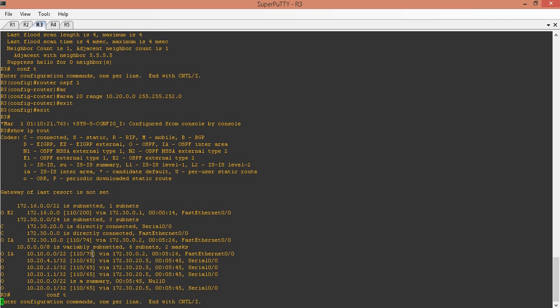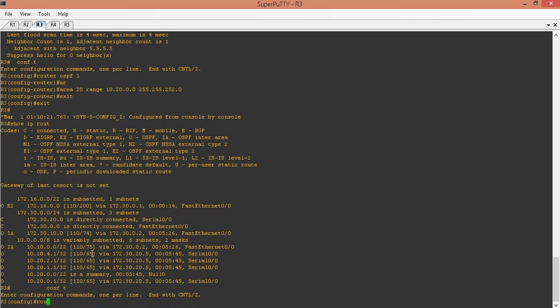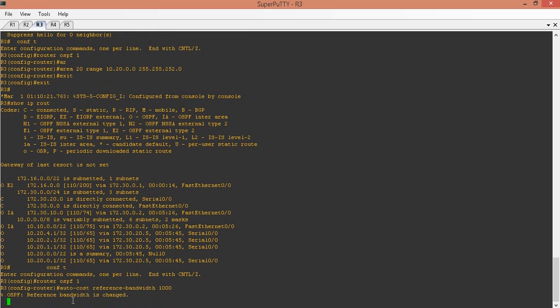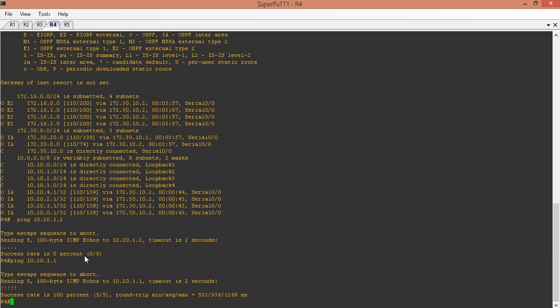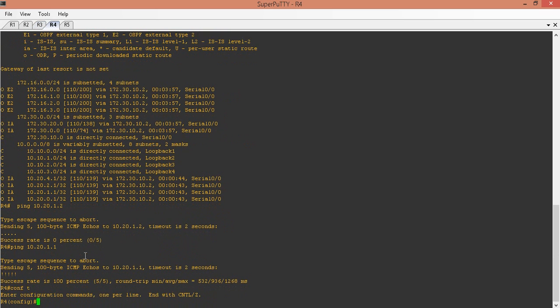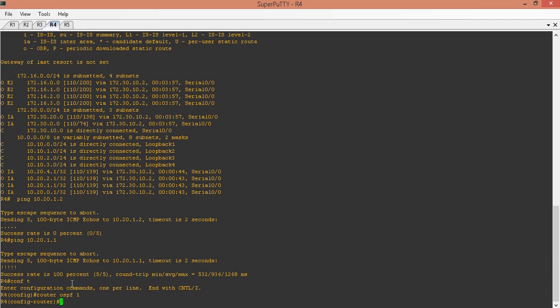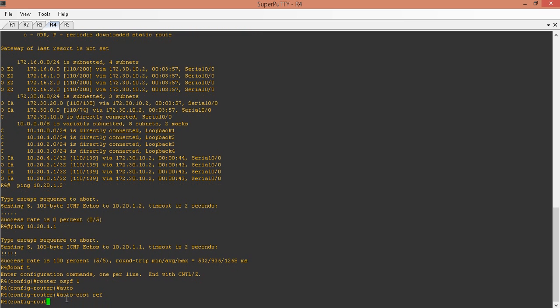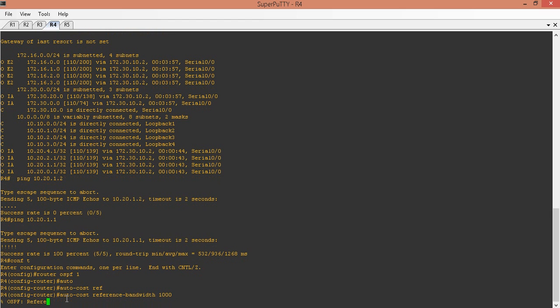Config terminal, router OSPF 1, and paste. Router 4, which is the last one: router OSPF 1, and auto-cost reference-bandwidth 1000. That's the gigabit.